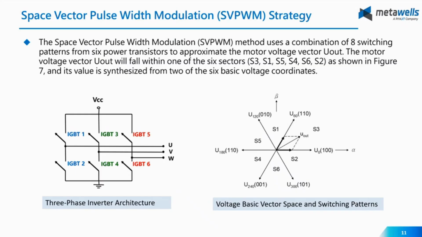So this method ensures efficient voltage control, optimizing motor performance by aligning the output with the required torque and speed commands. Later on, I will introduce the advantages of using the SVPWM strategy.